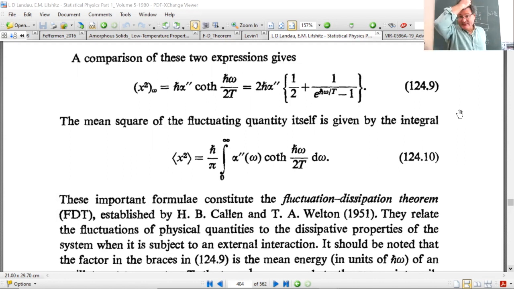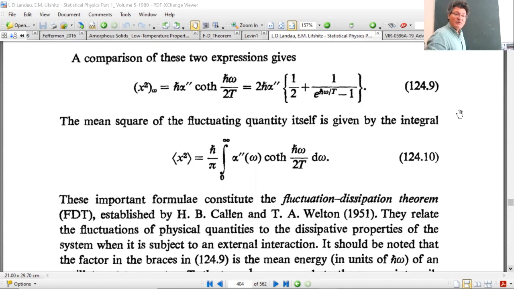I copy immediately on the board the equation that represents the fluctuation dissipation theorem.